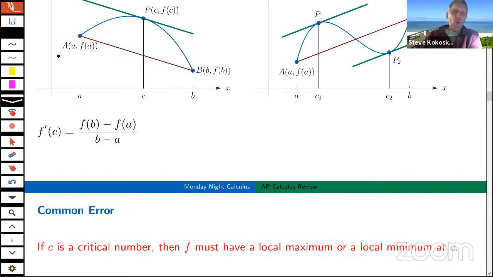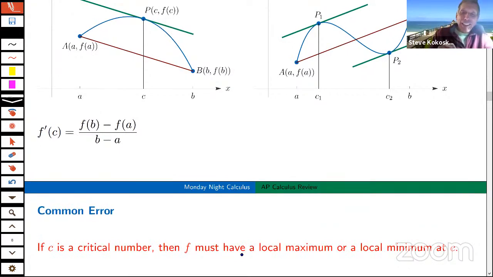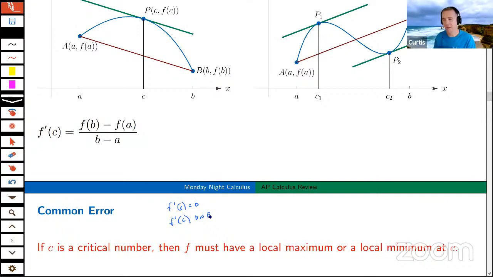I think you were just avoiding this one. What's a critical number? Perhaps. Critical number, remember, is a number C so that f prime of C is equal to 0, or f prime of C does not exist. So if I find a critical number, then son of a gun, f must have a local maximum or local minimum at C. Is that true?